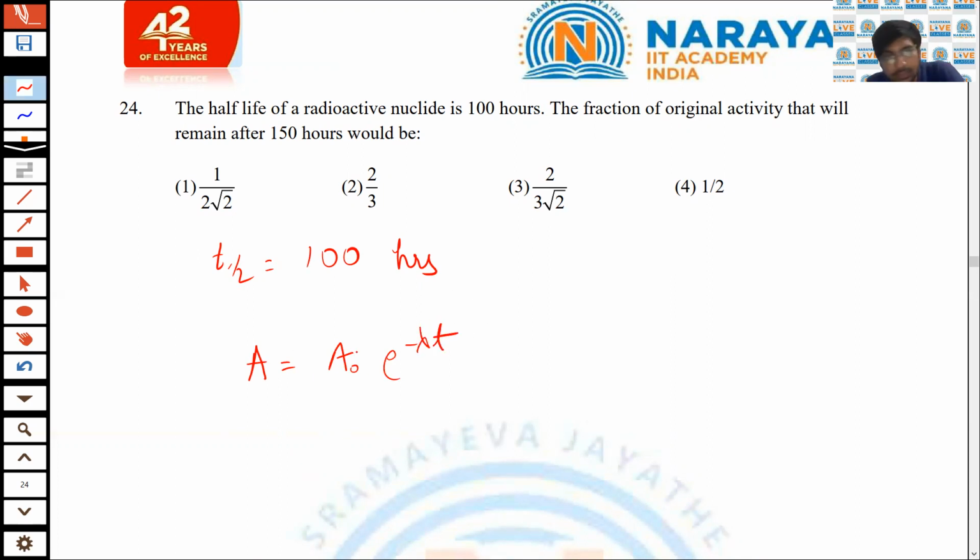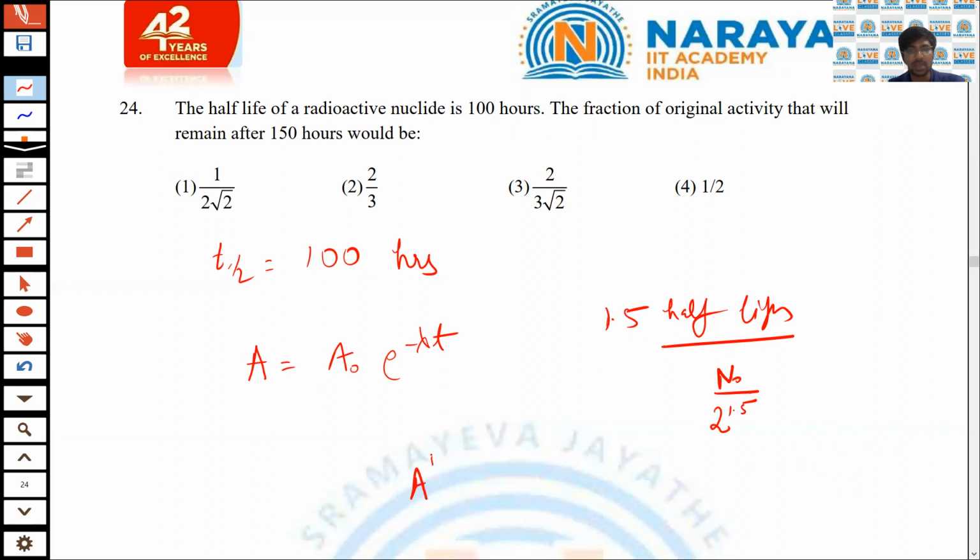All right. Now after 1.5 half lives, see 150 hours is 1.5 half lives. The original number of radioactive atoms in the sample becomes N naught divided by 2 to the power n, which means 2 to the power 1.5.